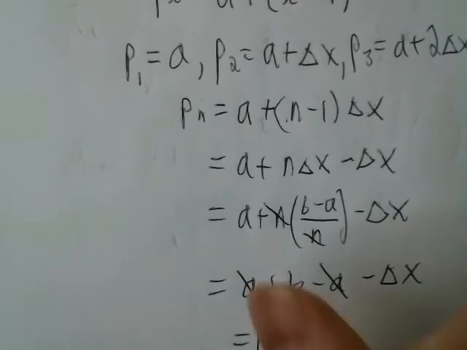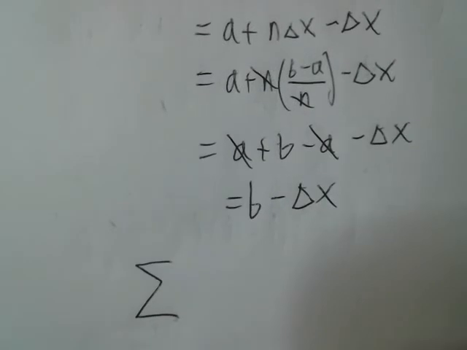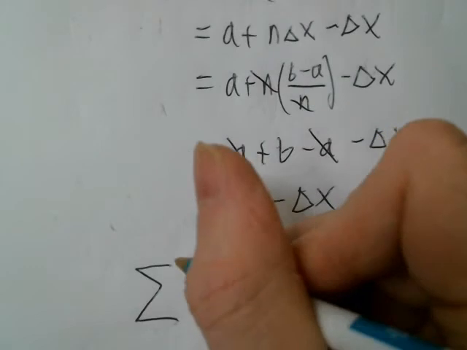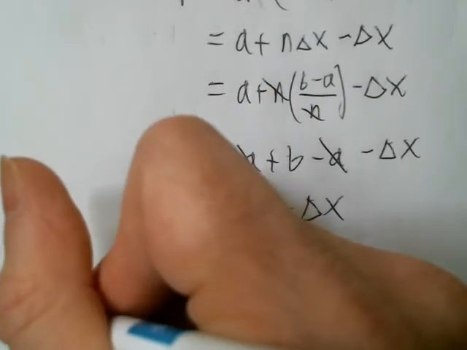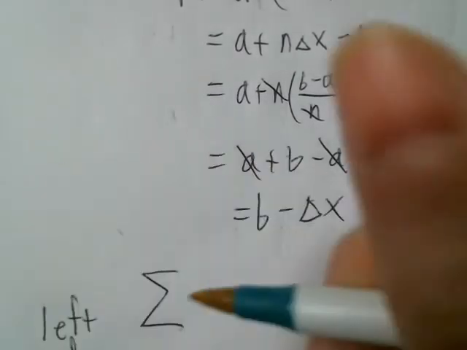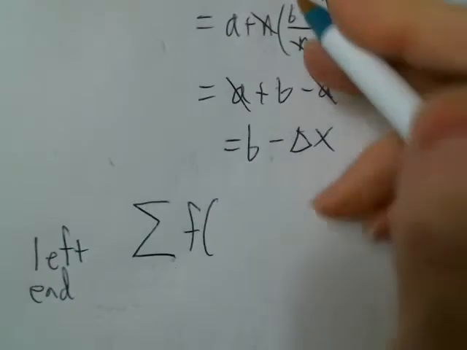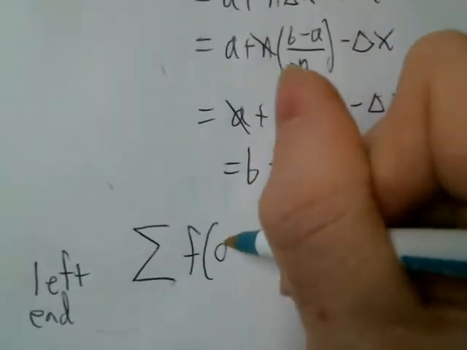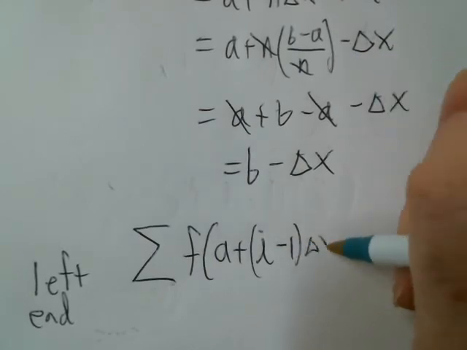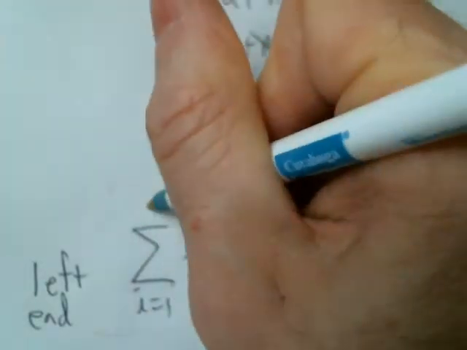So the formula that we use when we want this general version for n endpoints: the left endpoint sum to give you the sum of the rectangles is going to be f of this p sub i thing, which is a plus i minus 1 times change in x, times change in x, from i equals 1 to n.